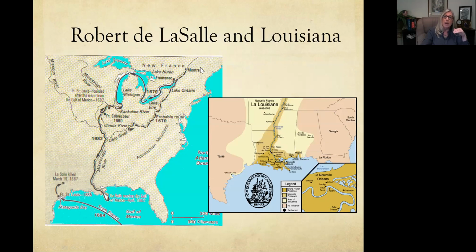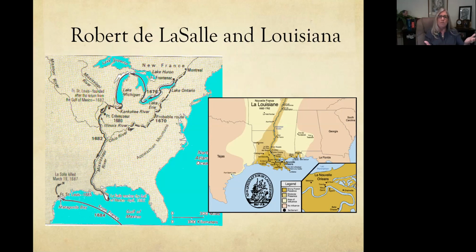So here's Montreal, Quebec's going to be up in here. In the winter it is incredibly cold. And so the St. Lawrence waterway is going to freeze over, and you can only trade certain times of the year. Well, Robert de La Salle, thinking to himself, all right, so Jacques Marquette and Louis Joliet, they traveled through here and they were going due south.